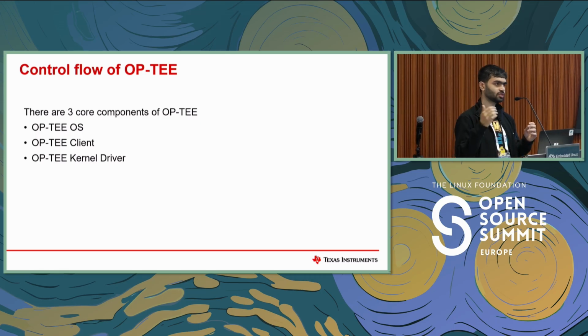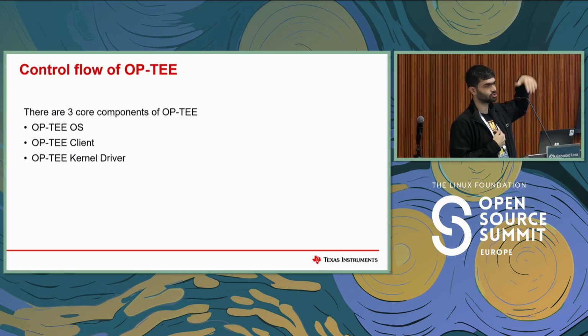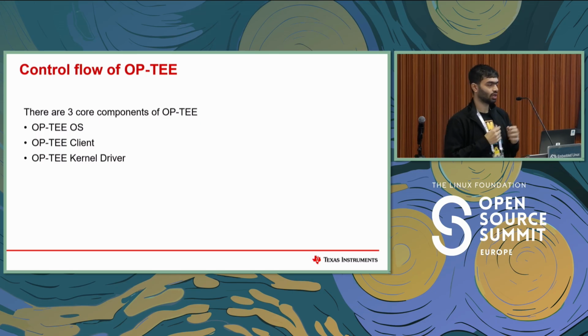That is the user space daemon. Like on the Linux side, from the Linux user space also, you can go down and reach the secure side. So you need something communicating from the user space too. OPTEE client gives you a TEE supplicant daemon that is running, and it gives you the TEE client libraries too.